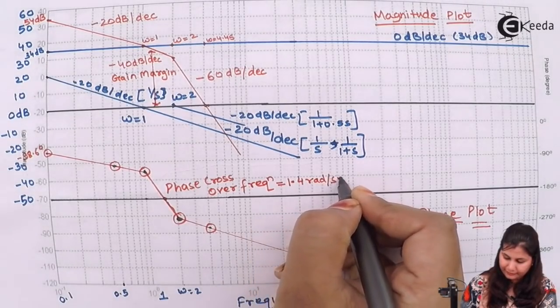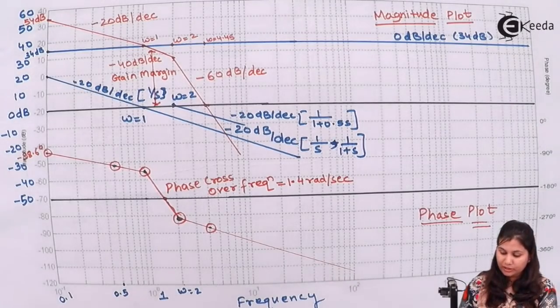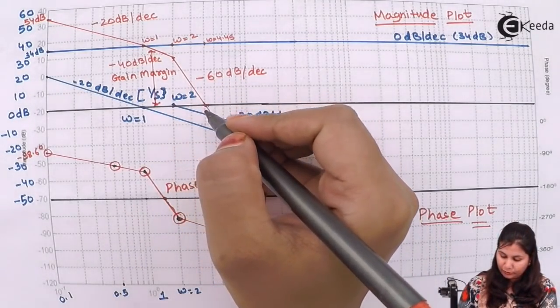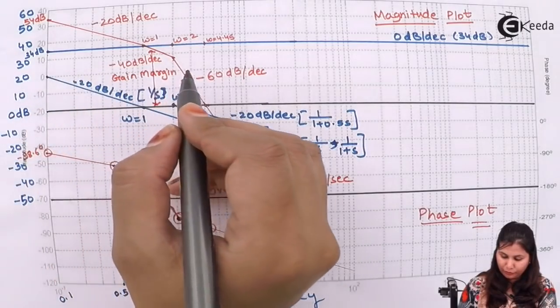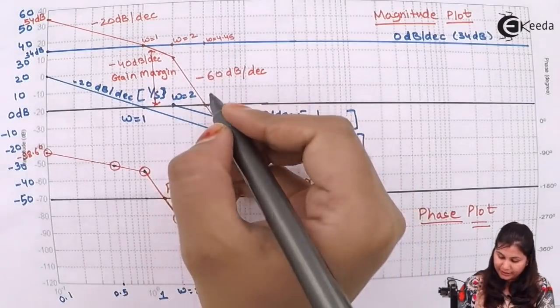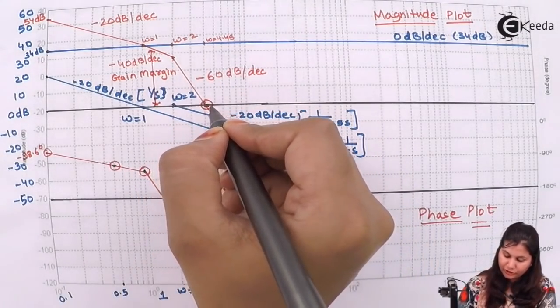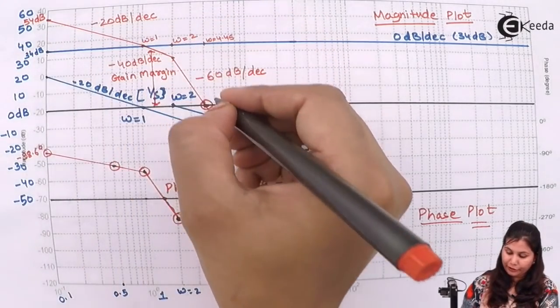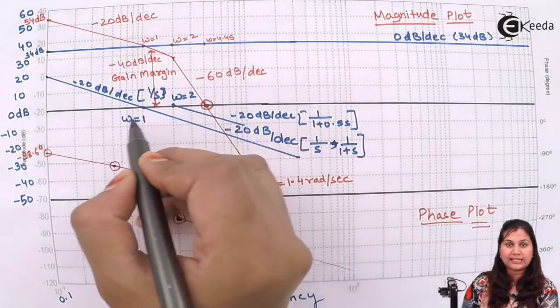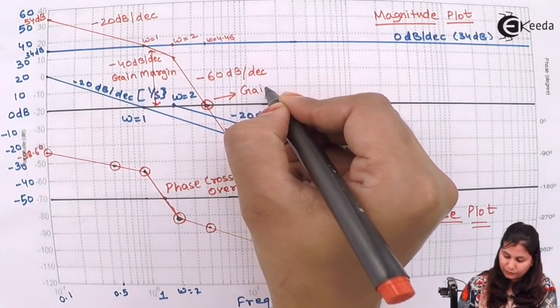per second. Now for calculating the phase margin, we take the frequency at which the magnitude plot is touching the 0 dB line. This is the gain crossover frequency.